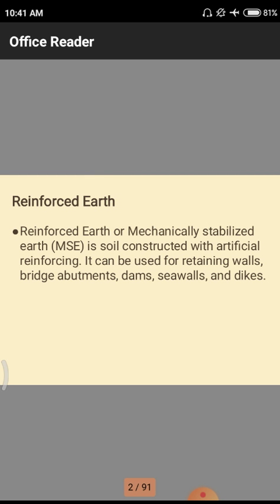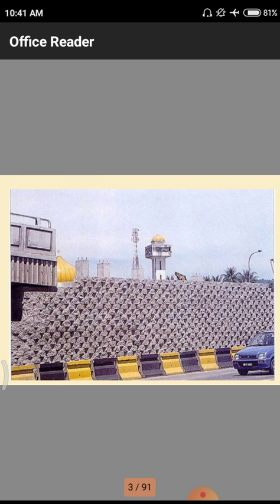Because if the water penetrates into the earth areas, automatically, as the sea has some salt content, due to this salt content penetrating into the structure, the physical properties and structural properties may be weakened. To control the intrusion of salt content into the structure, definitely in dikes and sea walls we have to go for this reinforced earth phenomenon. This is the example.